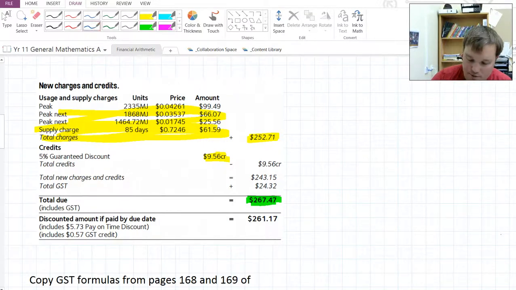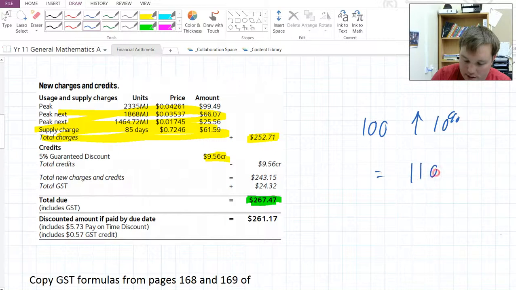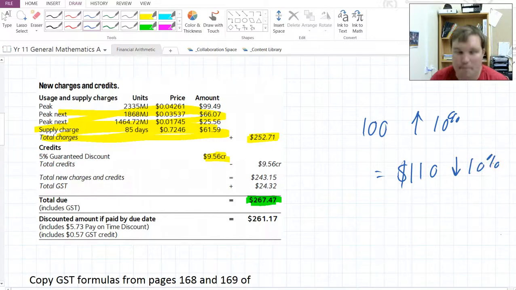If I have $100 and I increase it by 10%, what I end up with is $110. Makes sense? Now, most people think if you decrease $110 by 10%, you get back to where you started. But if you decrease $110 by 10%, well, 10% of 110 is 11.